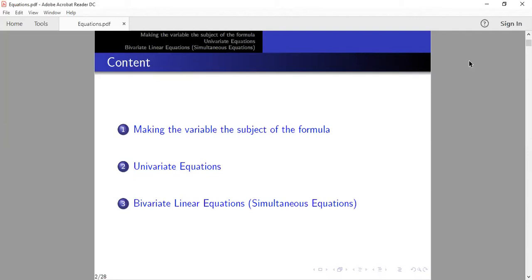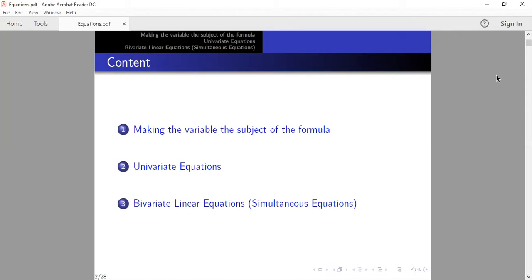The third chapter being bivariate linear equations. And now, bivariate linear equations, as I have written there, it's simultaneous equations. Now, what we'll be working with, of course, are these three, but there is, of course, one last section, but I've decided to leave that section to stand alone.